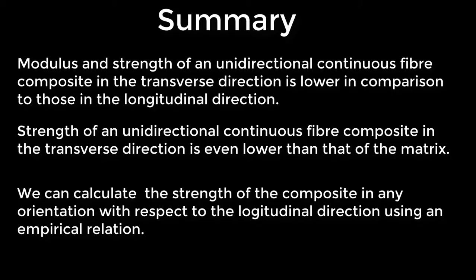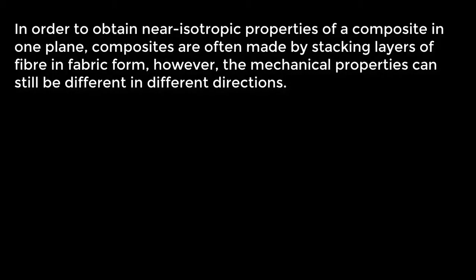We can calculate the strength of the composite in any orientation with respect to the longitudinal direction using an empirical relation. In order to obtain near isotropic properties of a composite in one plane, composites are often made by stacking layers of fiber in fabric form. However, the mechanical properties can still be different in different directions.